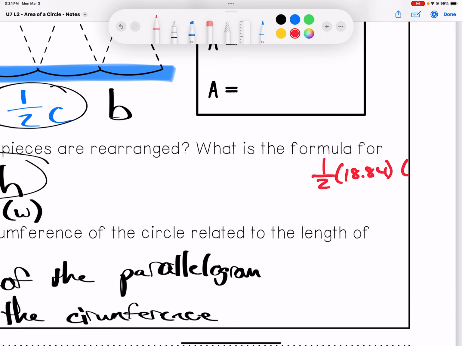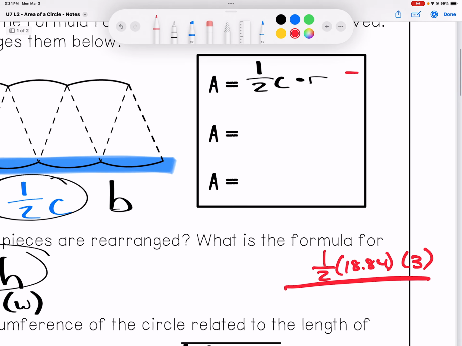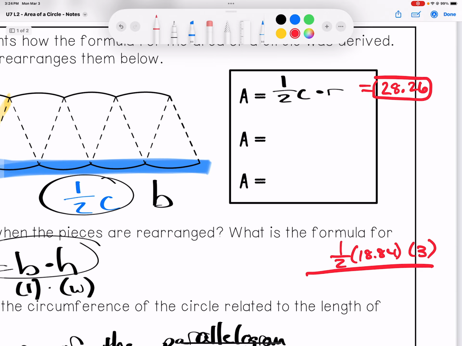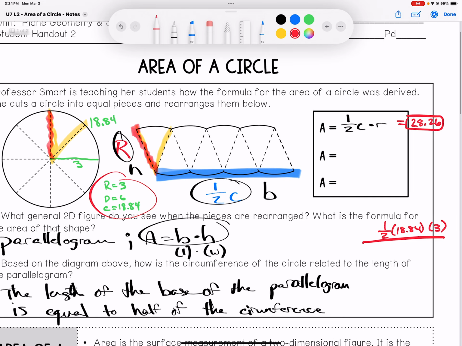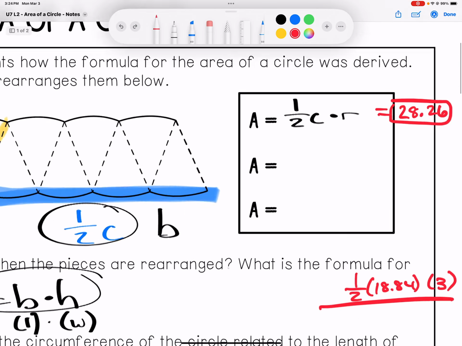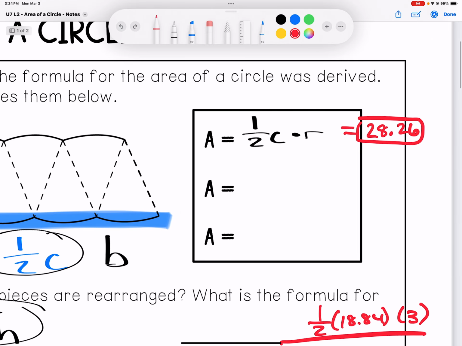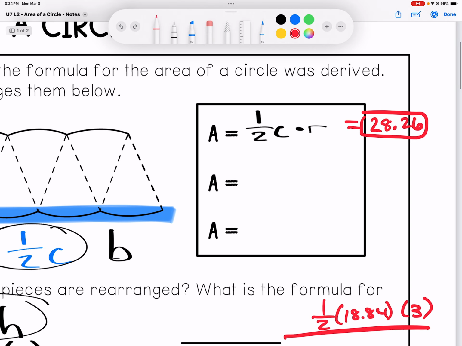Half, and the radius was 3. So let's enter this into our calculator and see what we get. You're going to get 28.26. That is the area of my made-up circle that I made up over here. Okay, that's the correct area. So he is correct.